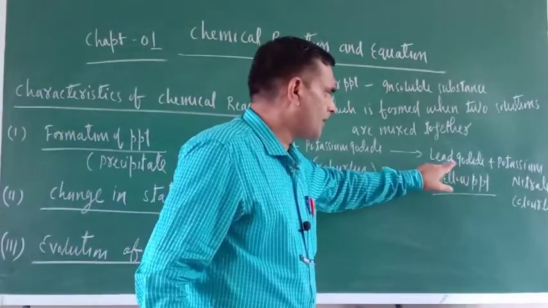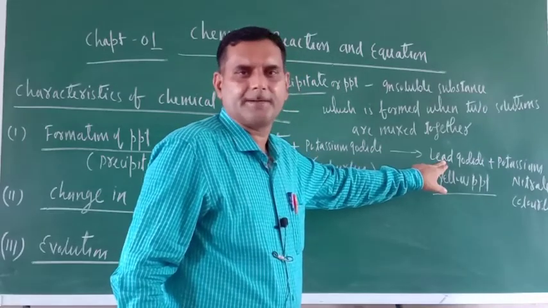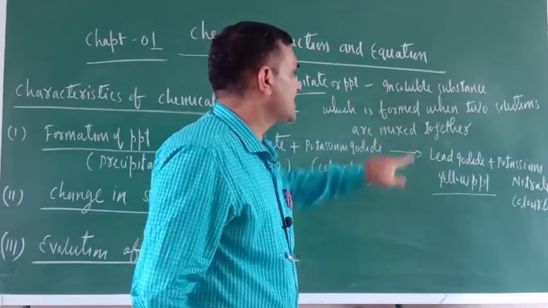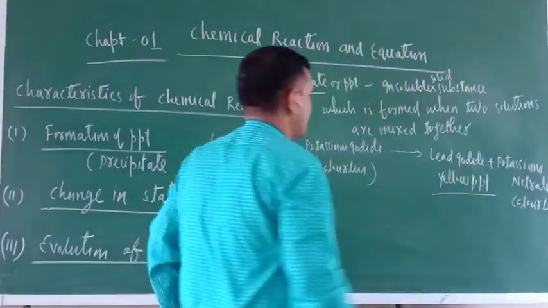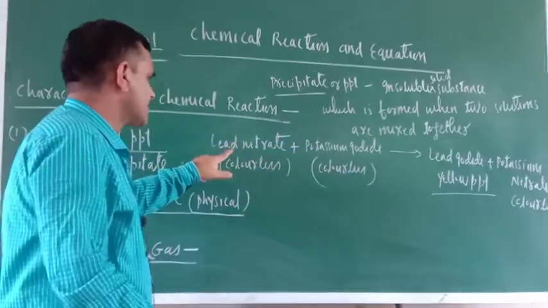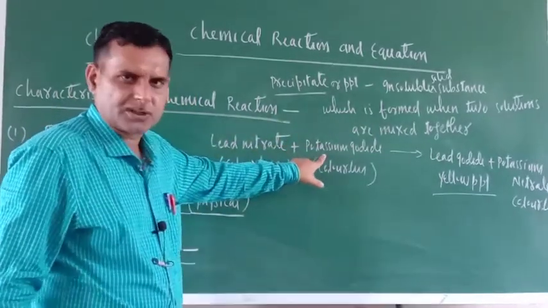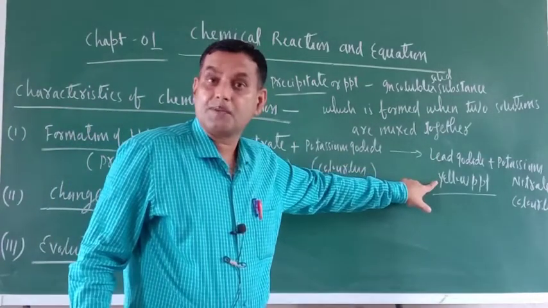This lead iodide which is formed here is the precipitate. What is this one? An insoluble solid substance which is formed when two solutions are mixed together. This is also a solution, this is also a solution. They are mixed together and they form a yellow precipitate.